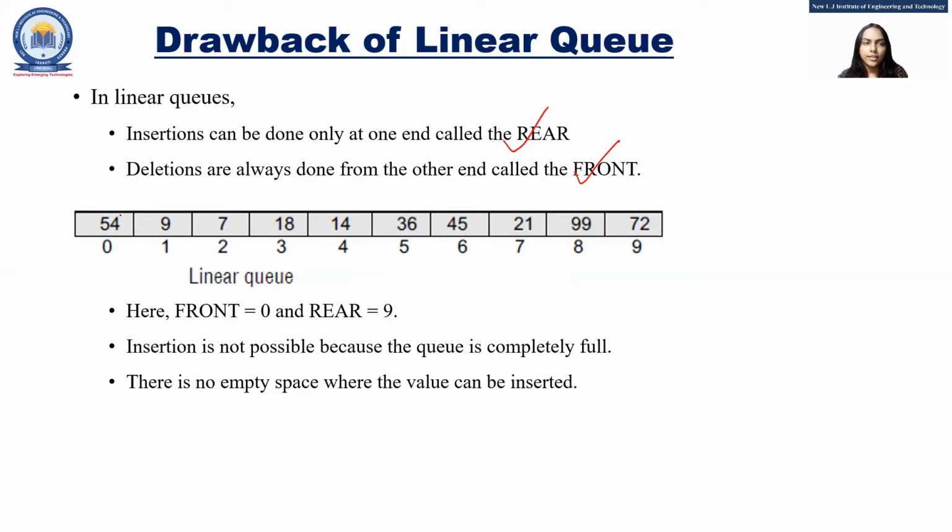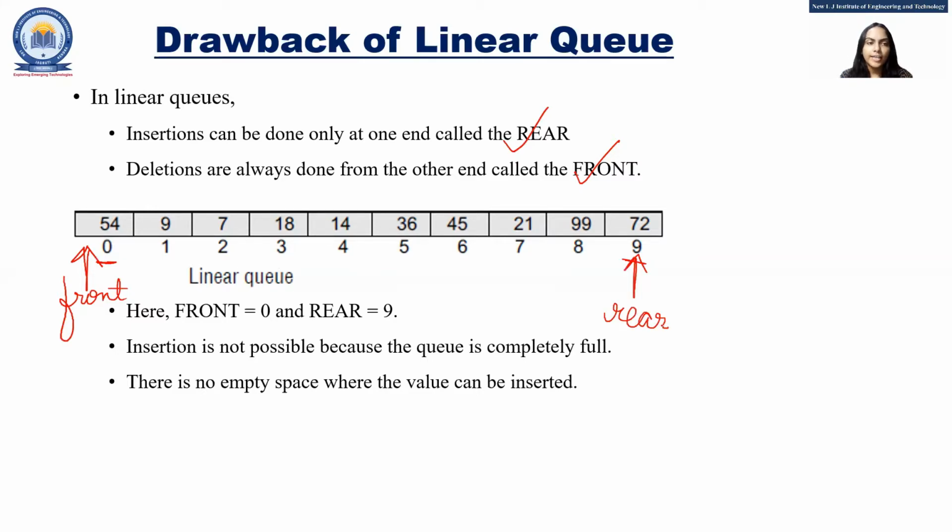Considering this representation of a queue in the form of an array, this array has 10 elements, with 0 to 9 as the index. Currently this array, that is Q, is completely full. The front is pointing at the first element, at 0, and rear is at the last element, at 9.